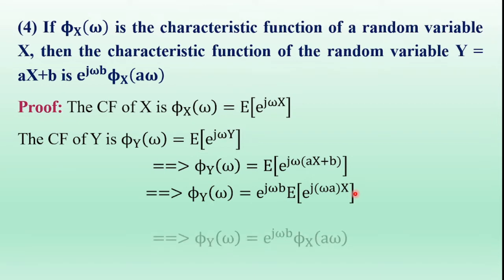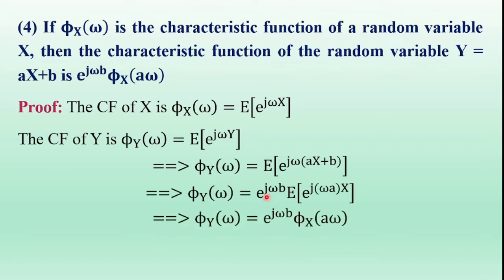So therefore, φy(ω) = e^(jωb) · φx(aω), from the definition of the characteristic function.